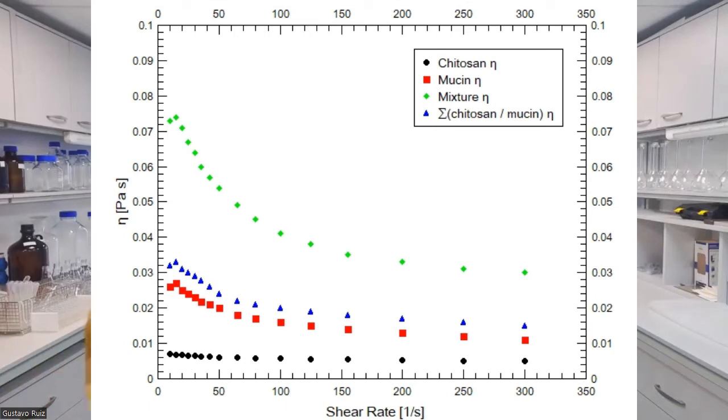So at neutral pH, the chitosan nanoparticles exhibit a high value of adhesion. And probably that would be a good option for drug delivery properties using chitosan nanoparticles.